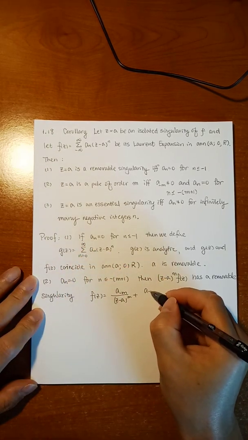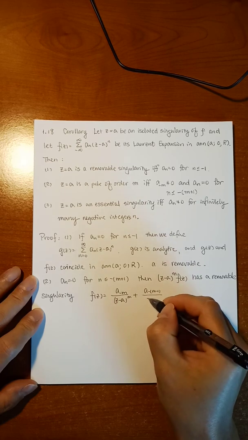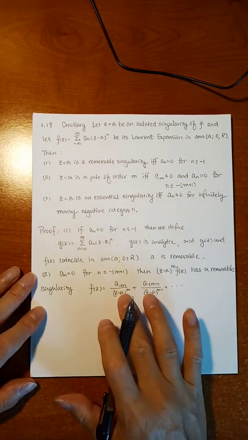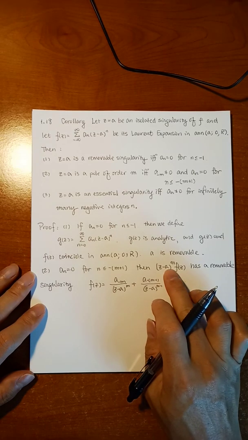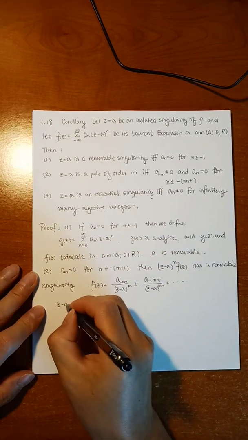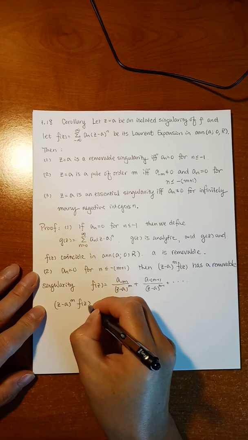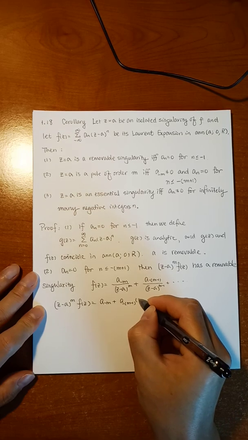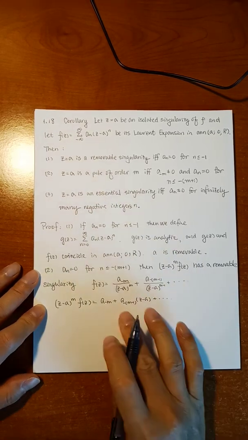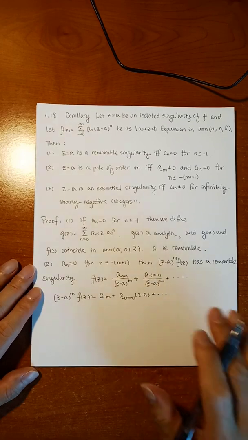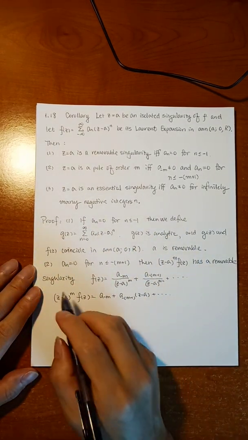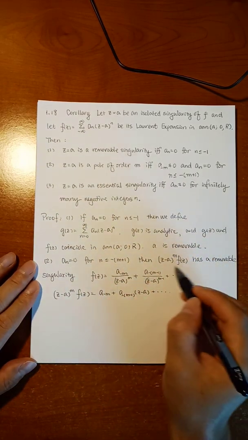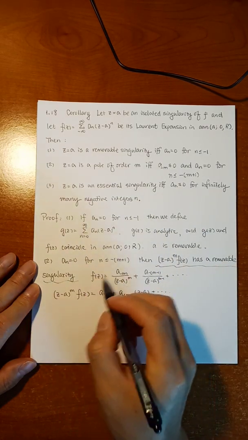You start from negative m, and then you multiply it by (z minus a) to the mth power. You will have a sub negative m plus a sub negative m plus 1 times (z minus a), and so on, and this becomes a power series. A power series is analytic, so z equal to a is a removable singularity of this product.